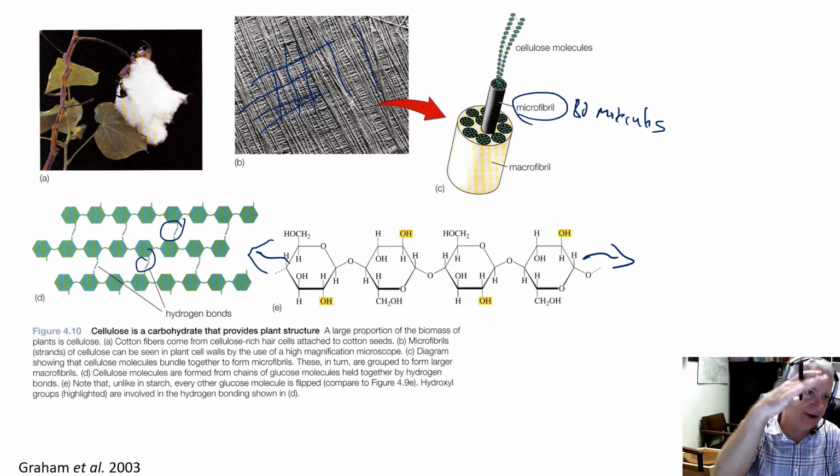So that's how cell walls are actually formed, is the cells lay down those macrofibril and microfibril bundles to form the cell wall material. And we talked before about how the angle at which those micro and macrofibrils are laid down ends up, for instance, determining the stiffness of the wood derived from those cell walls.